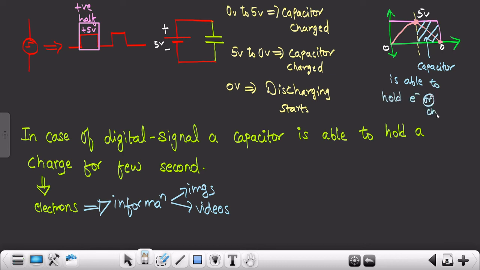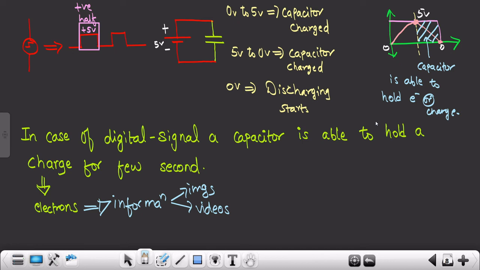So in digital electronics we are able to hold electrons, and thus we are able to store a charge. Thus we can say that the fundamental significance of digital electronics is to hold or store electrons, or basically it is used as a storage element. I hope you understood this particular part very well.